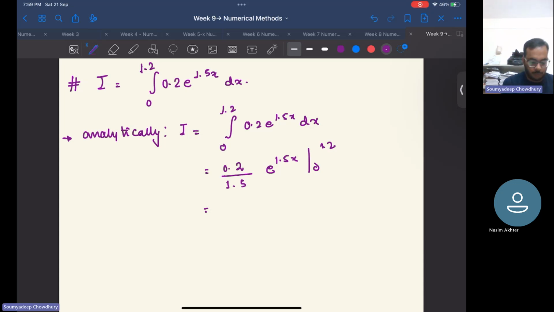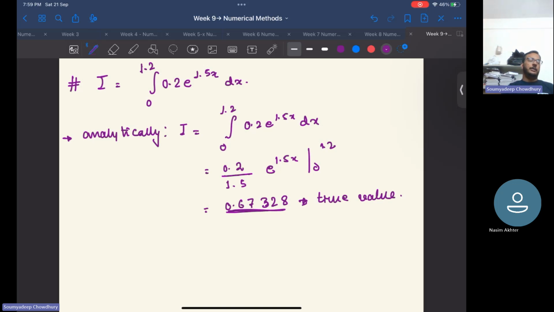If we substitute this, we get 0.2 by 1.5 multiplied by e to the 1.8 minus 1. So analytically, the answer is 0.67328. This is the analytical or the true value of the integral.